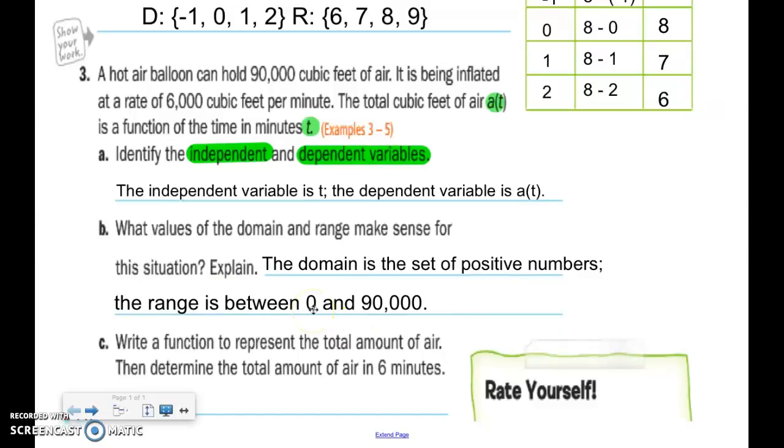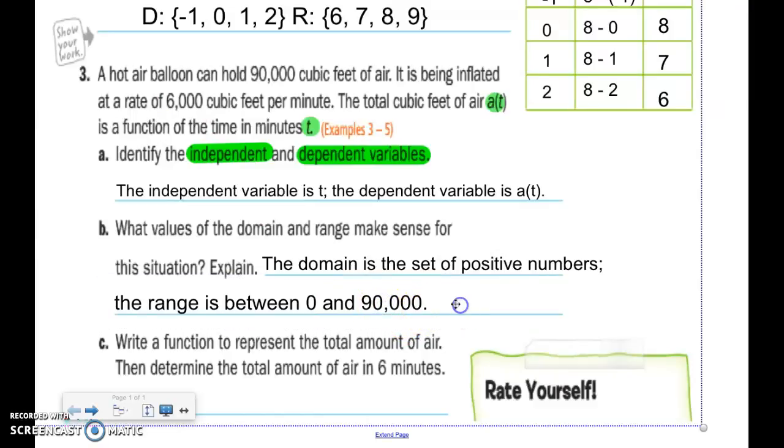When it's empty, it has 0 cubic feet of air in it, right? And then 90,000 is the max. It can't be filled past that. So that's what the range is going to look like. Now, it's still going to increase in increments of 6,000 cubic feet per minute, but we're good here with just a range of between 0 and 90,000.